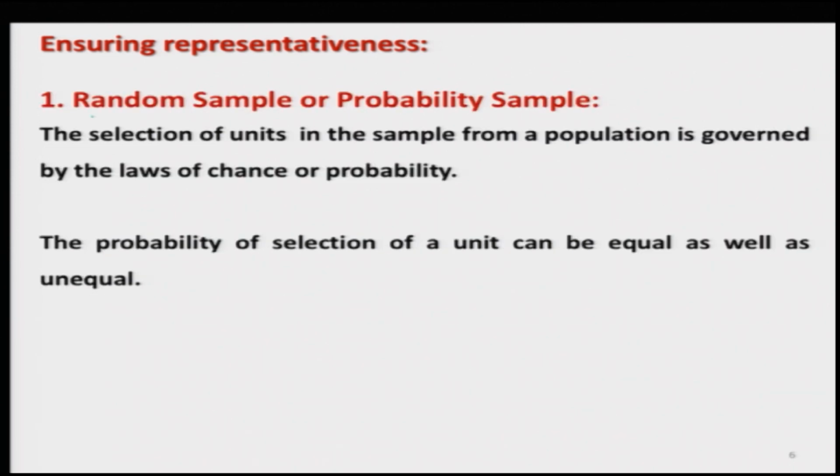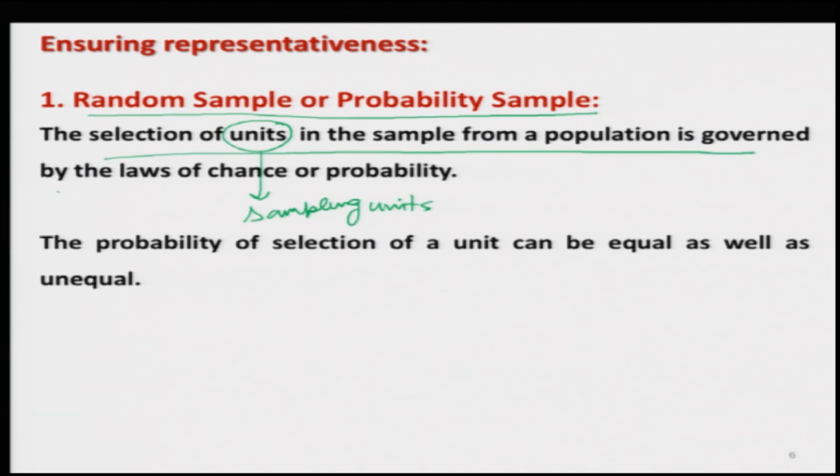When we talk of the random sample, or probability sample, this means the selection of the units. Remember one thing, whenever I say units, it means sampling units, and this will be our terminology in the remaining course. Units means sampling units. I will not be writing sampling again and again, but that is embedded in this word. So, the selection of units in the sample from a population is governed by the laws of chance or laws of probability.